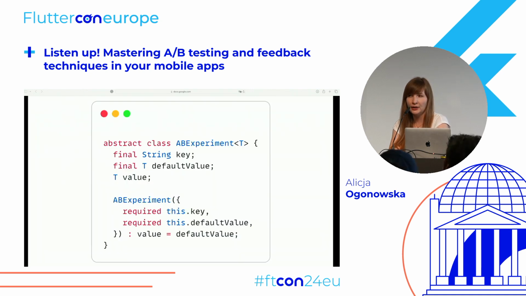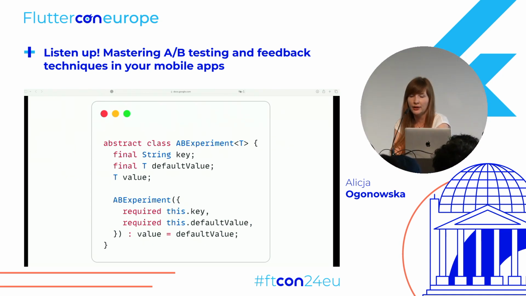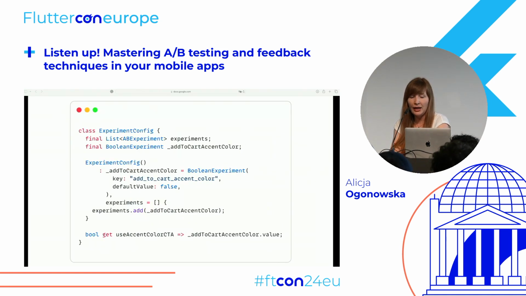So I created a simple class that can define all experiments. So it's called AB experiment. And later, based on the type, I will have a Boolean experiment, string experiment, depending on the value that I want to change. And then I created a simple class that can hold all the experiments that I'm currently running in the application, just for convenience, so that I am able to quickly get the value wherever I need it.